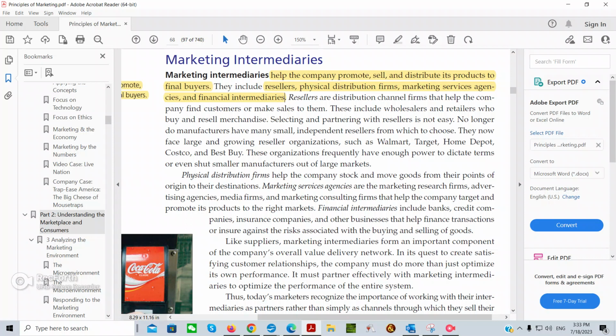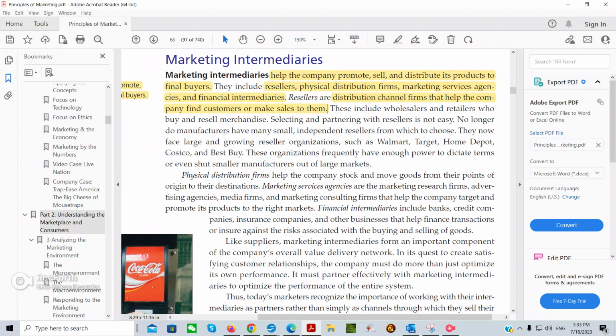All right. Now, resellers are distribution channel firms that help the company find customers or make sales to them. The idea is you have X amount of inventory and you need to sell out the inventory within a month. So you need to find a way to sell out the inventory. So if you just have one customer, how much are they going to buy?